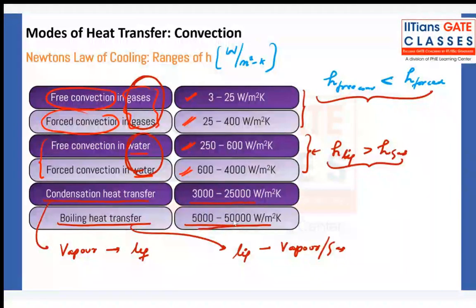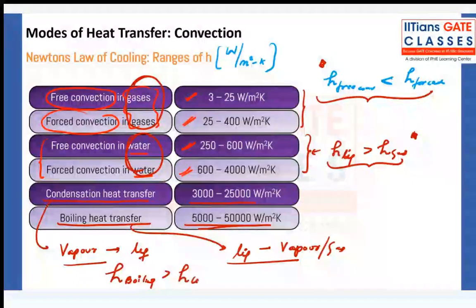But we already know that in free convection, this is one conclusion that you understand. This is another conclusion that you must understand, and then you also have to remember this. So I can say that the heat transfer coefficient in boiling is greater than the heat transfer coefficient in condensation.